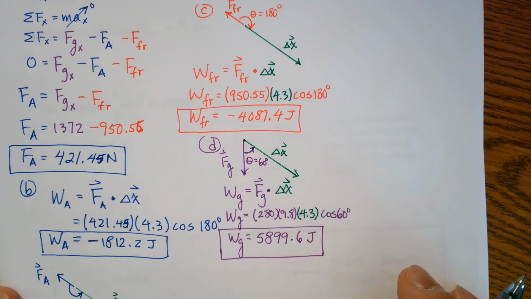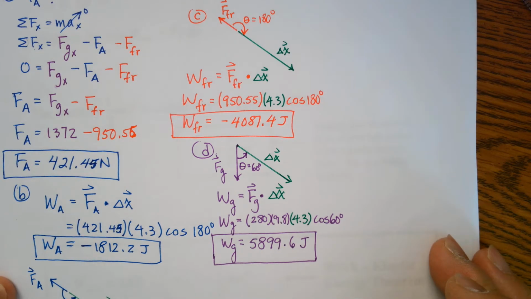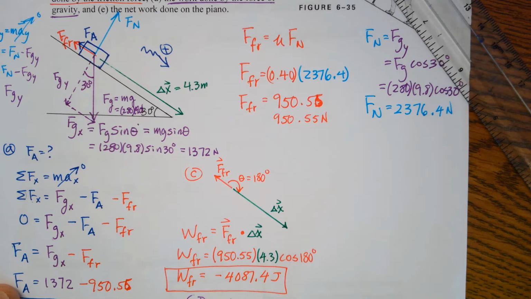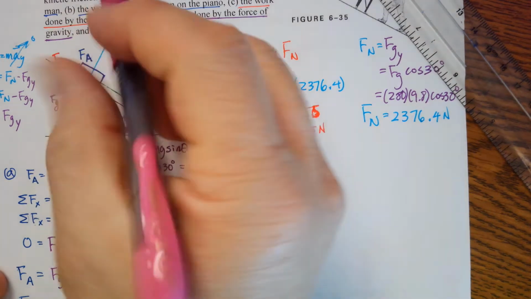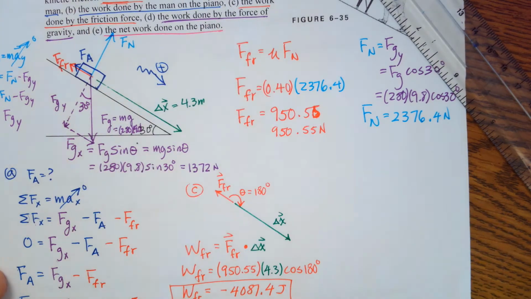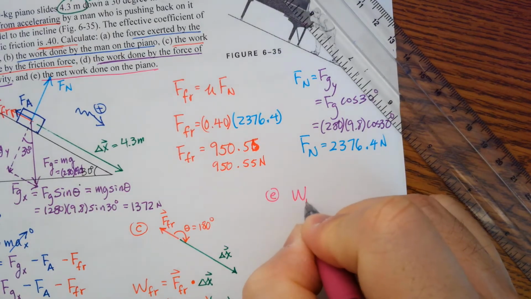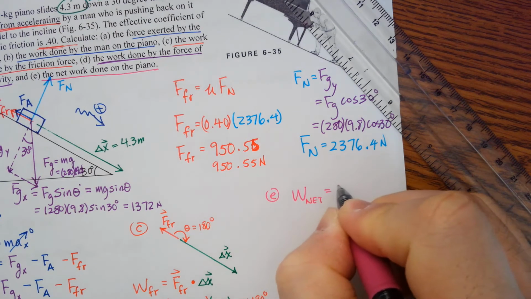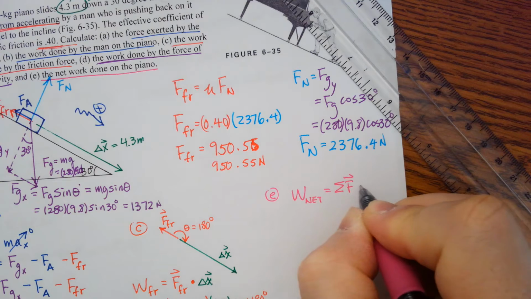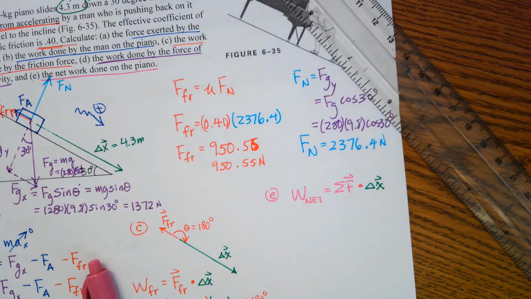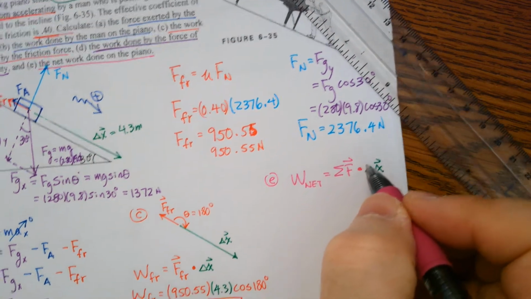All right. What about part E? Part E asks, what is the net work done on the piano? Well, for part E, work net is equal to the net force dot delta x. But what is my net force?